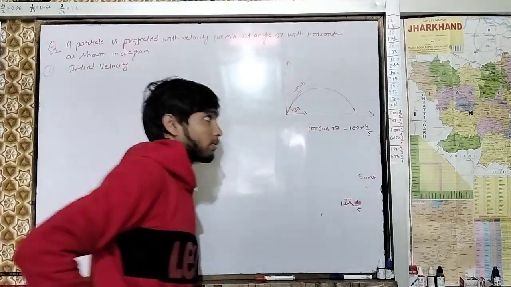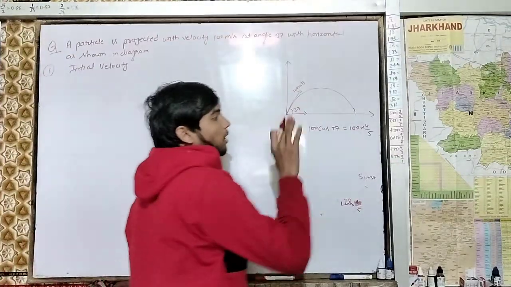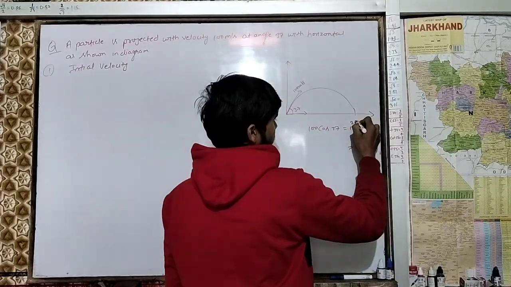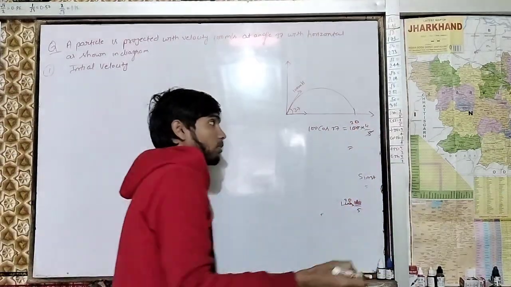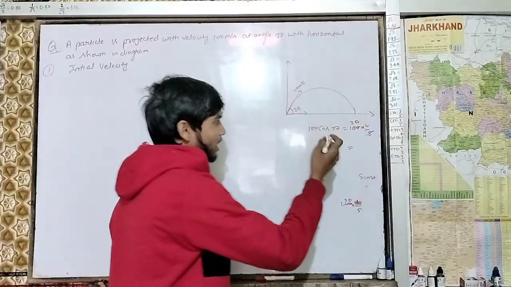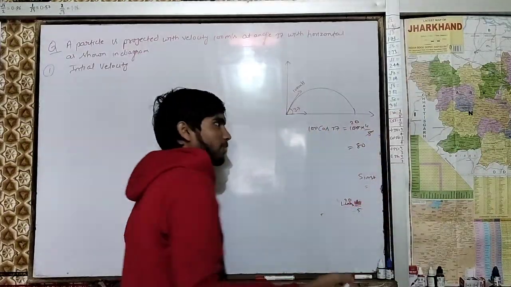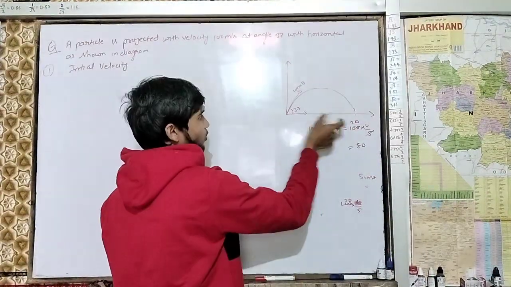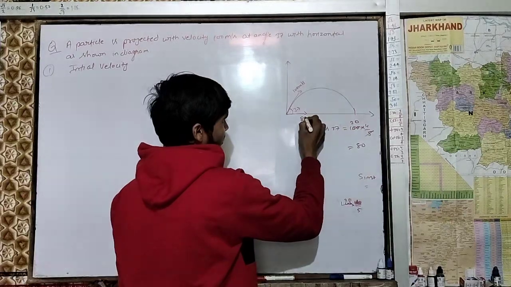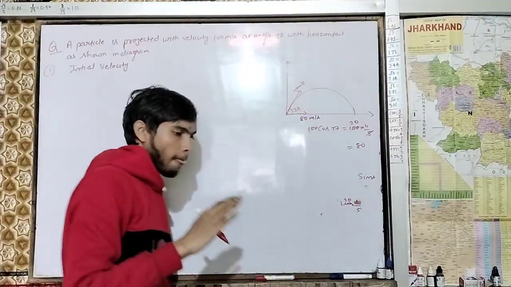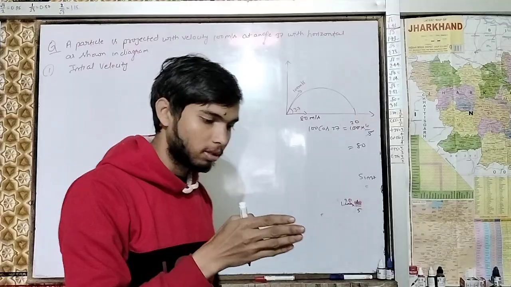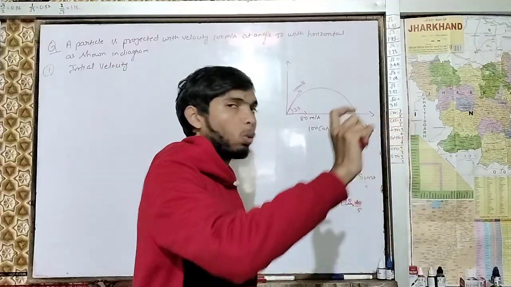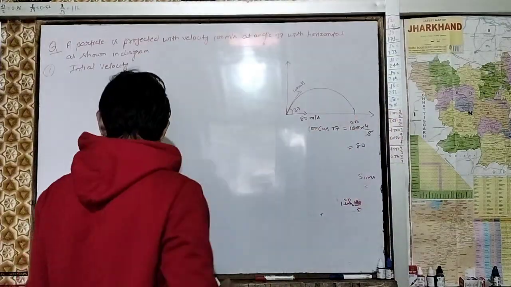If you put 4 by 5, the result should be 100 times 4 by 5, which is 80. Yes, so 4 by 5 is the value of cos 37. This initial velocity for horizontal will be 80 meter per second. It means the object is moving with 80 meter per second only in horizontal.